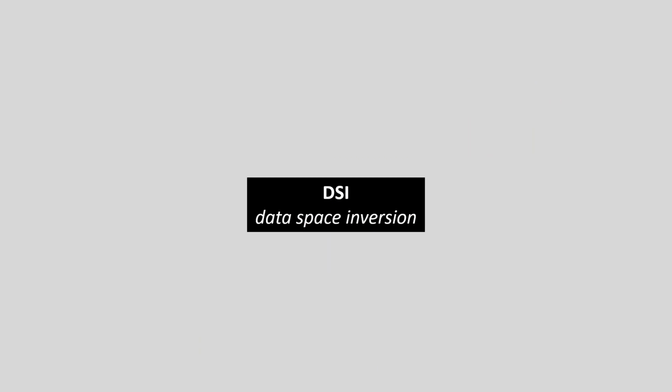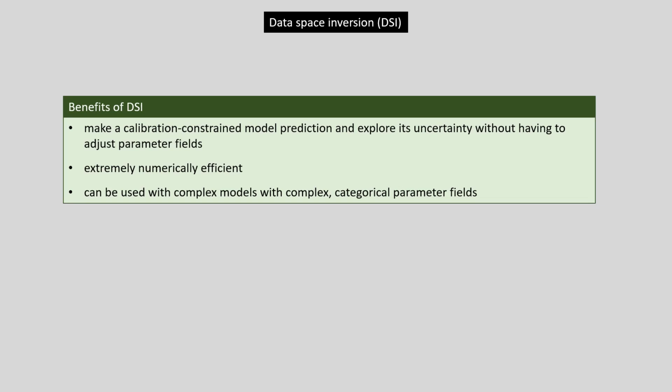But before we do that, let's say a few words about data space inversion, or DSI. Now, the beauty of DSI is its extreme numerical efficiency. Based on only a few hundred runs of a complex model, it gives us the ability to make predictions of future system behavior, which are actually samples of the posterior probability distribution of that behavior.